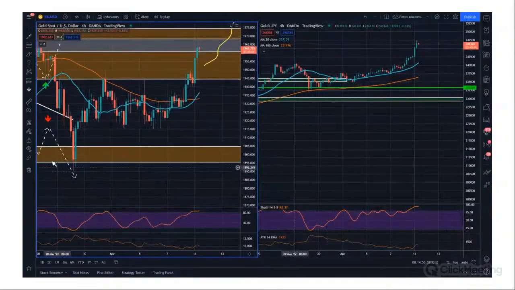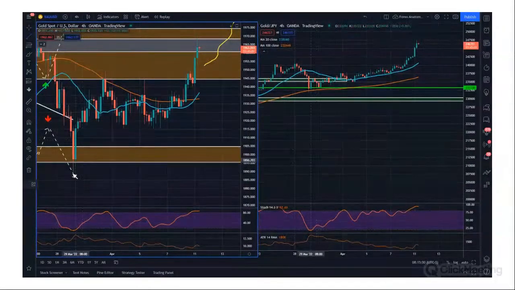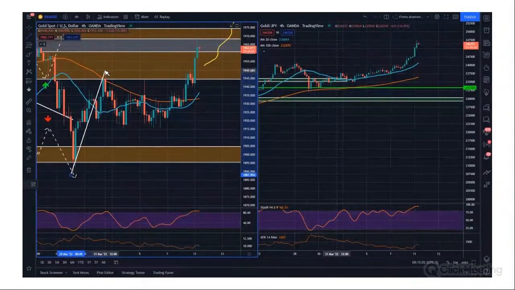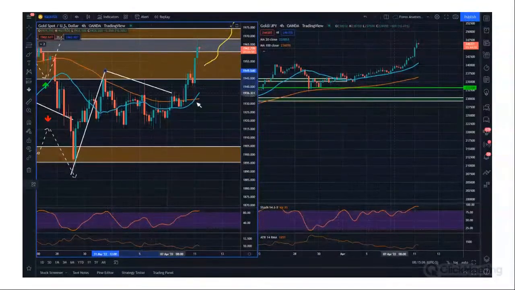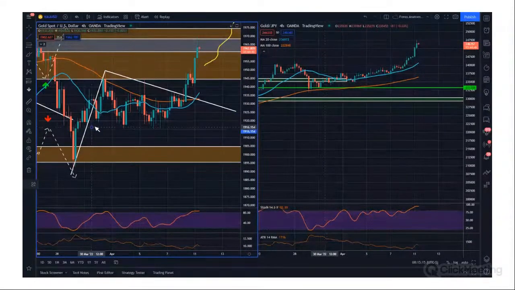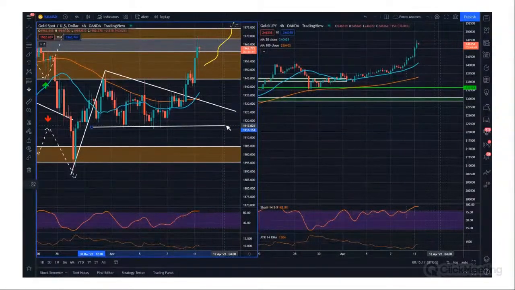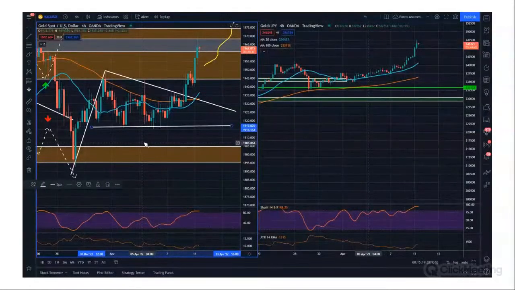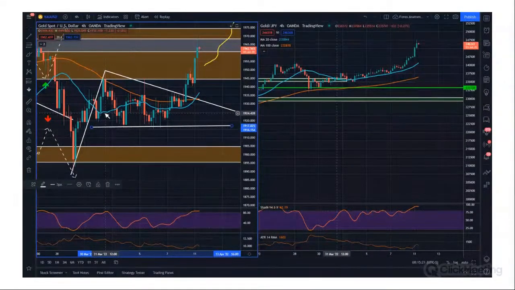But what we could be seeing is something like this, where we had this nice long move to the upside, and then we had, boom, like that, and then we have this right here. This is like a variation of the flag.